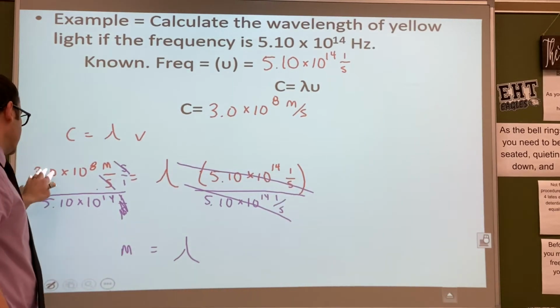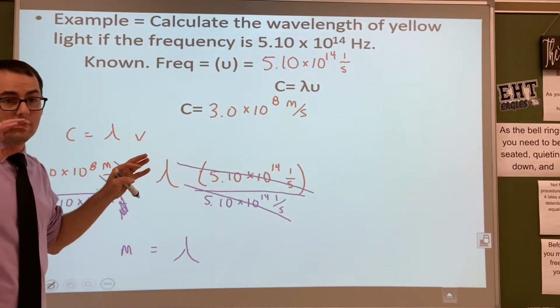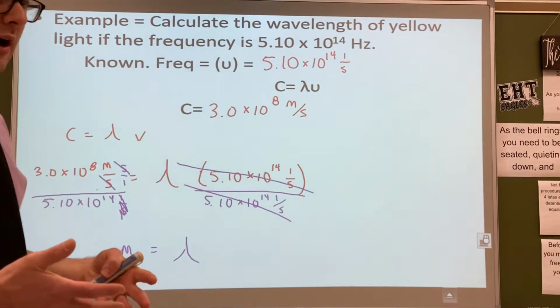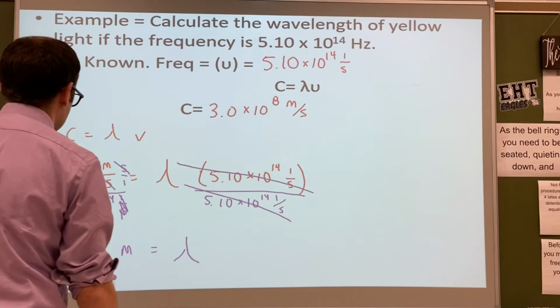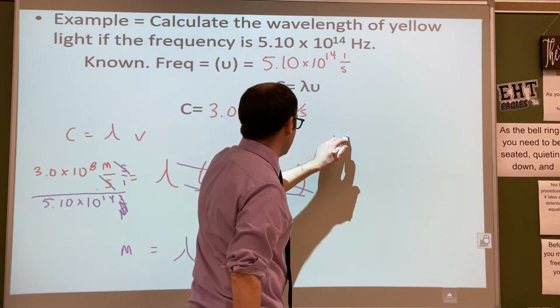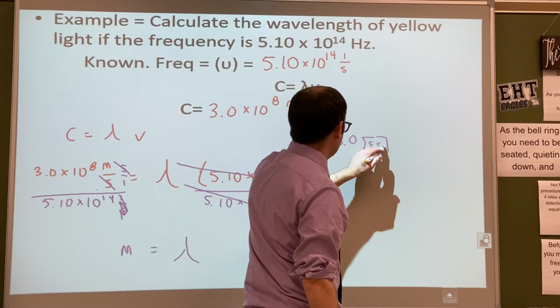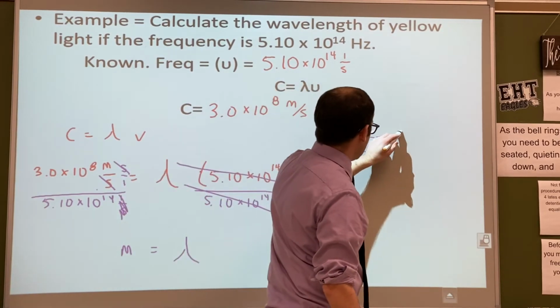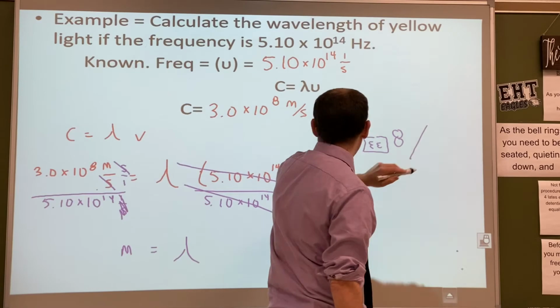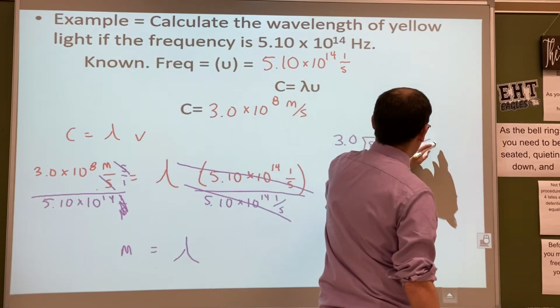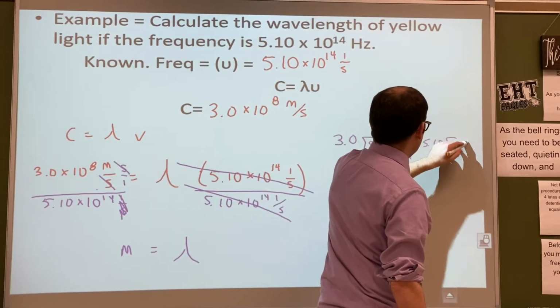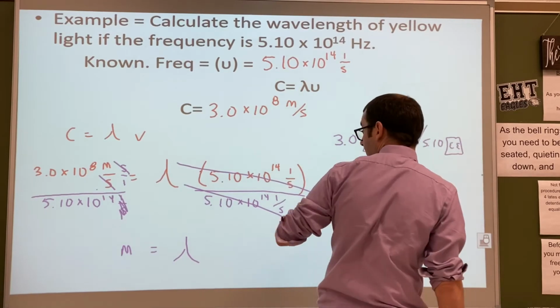So now you just take the numbers and you divide them. Make sure we can put them in our calculator correctly, right? Because it's scientific notation. So depending on your calculator, it might look like 3.0, that E button, and then the exponent, which is 8, divided by 5.10, that E button, and then 14.